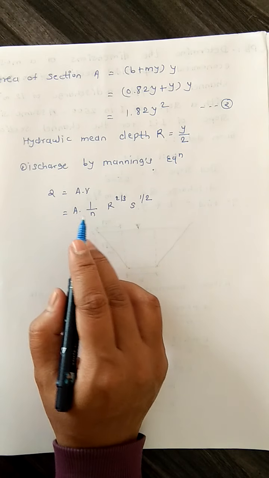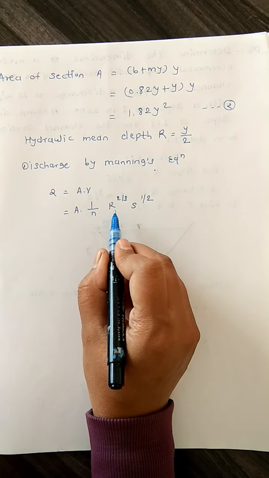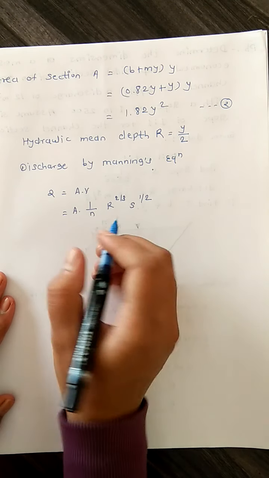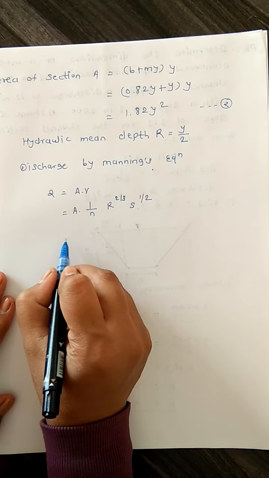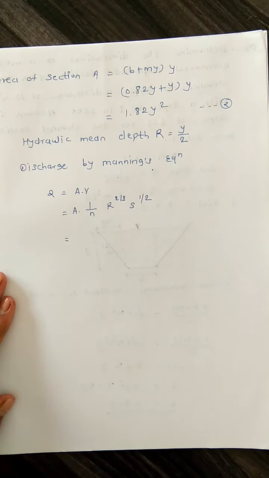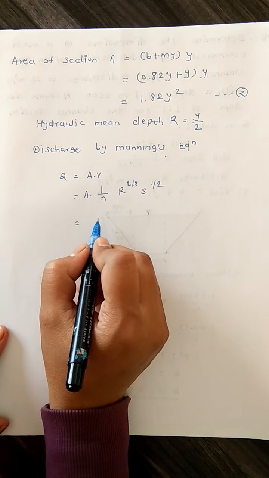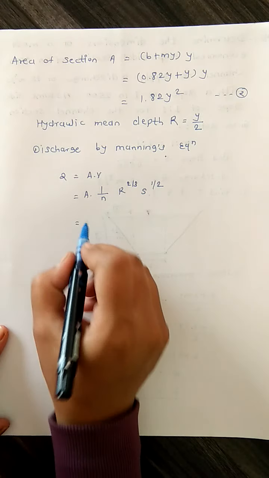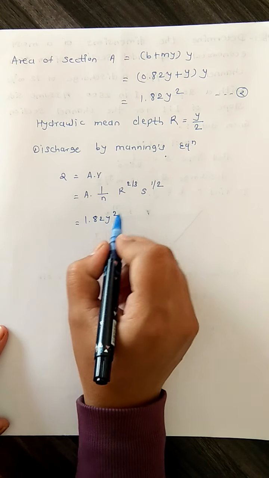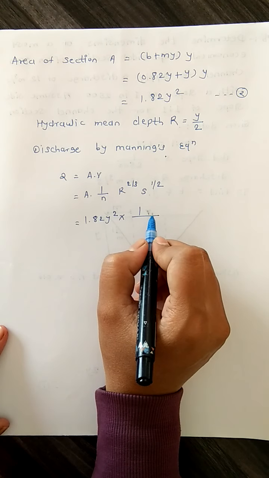So the final equation is Q is equal to A into 1 upon N into R raised to 2 by 3 S raised to 1 half. So we put the values in this equation.